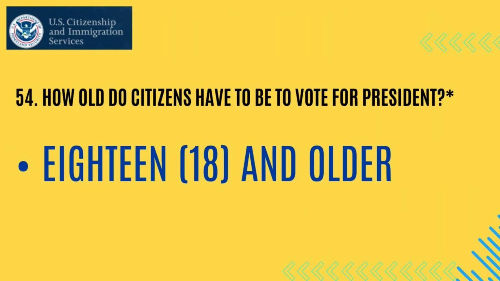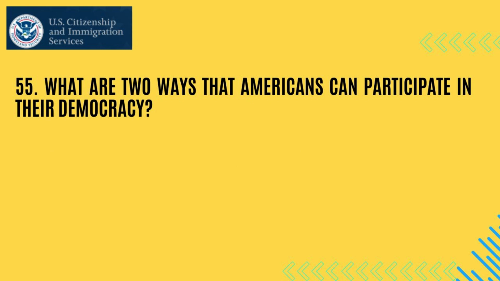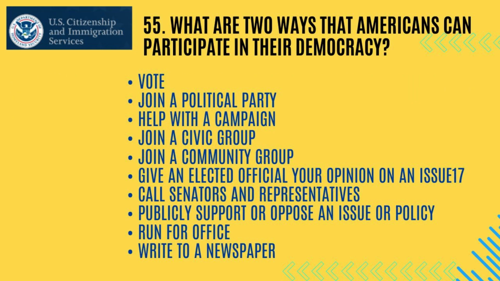54. How old do citizens have to be to vote for president? 18 and older. 55. What are two ways that Americans can participate in their democracy? Vote. Join a political party.